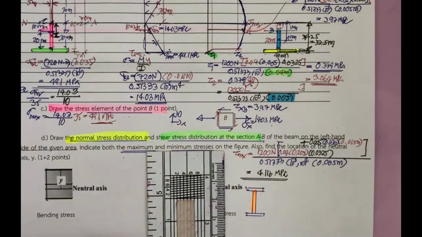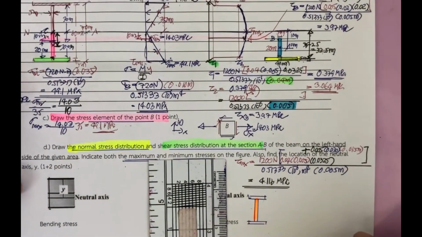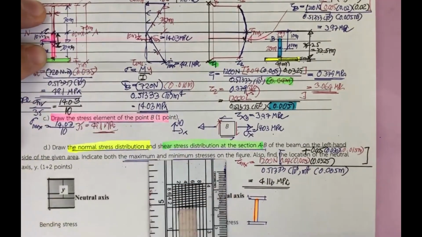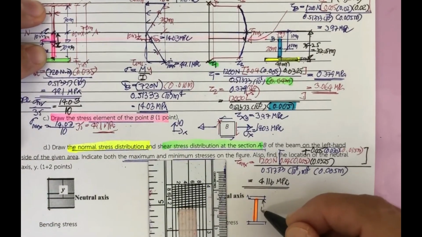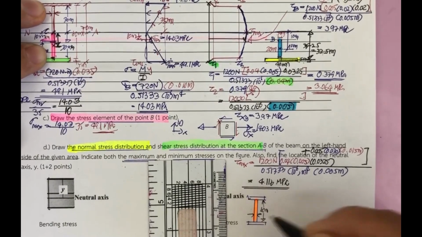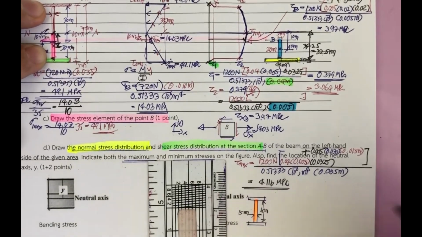Okay, if you take a look at this one, the total is 60 millimeter. This is going to be 60 millimeter. The thickness here is going to be 5 millimeter.